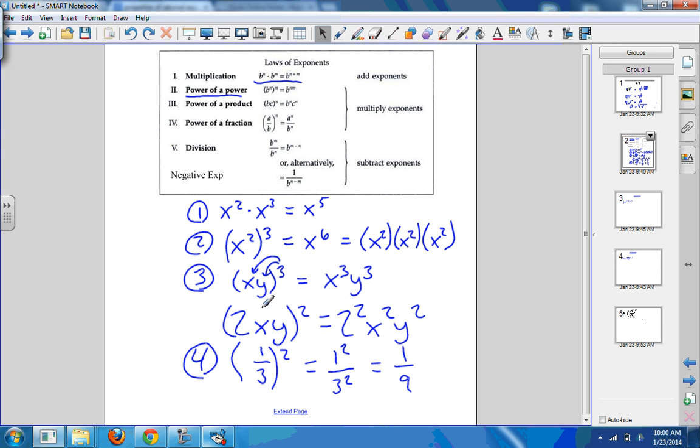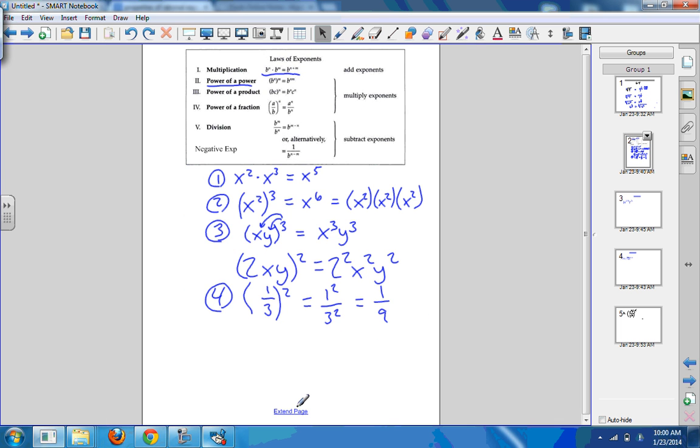If we have division, we have to distribute to everything in the numerator and everything in the denominator. To combine those two together, if I had something like xy over 2 to the second power, we would get x to the second power, y to the second power, over 2 to the second power, which is 4. Alright?